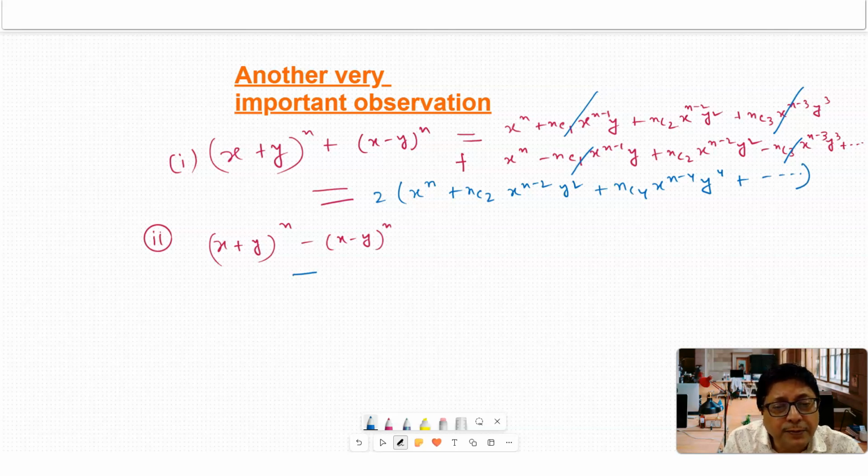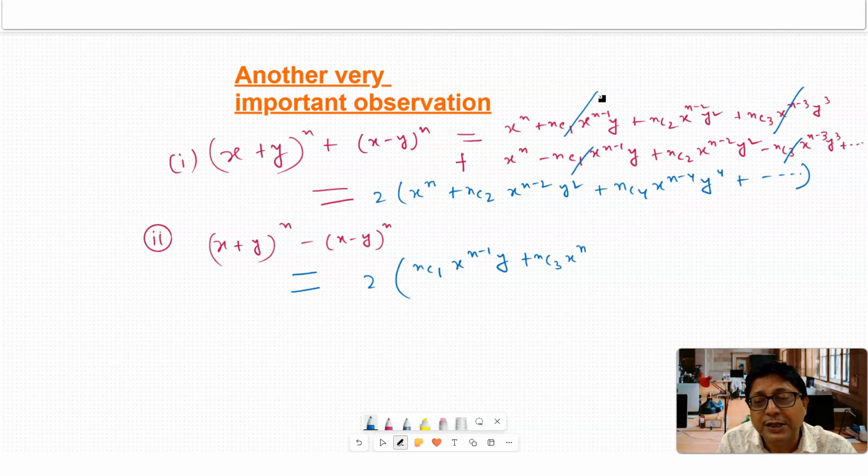And here also if you expand it, what will you get? If you subtract, then it will be 2 into nC1 x to the power n minus 1 y, nC3 x to the power n minus 3 y cube, nC5 x to the power n minus 5 y to the power 5, like this.